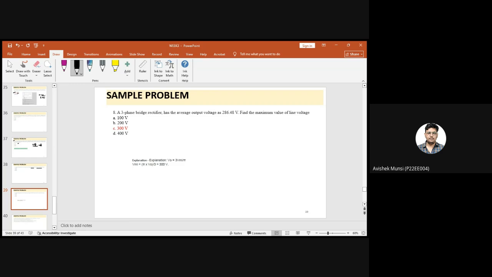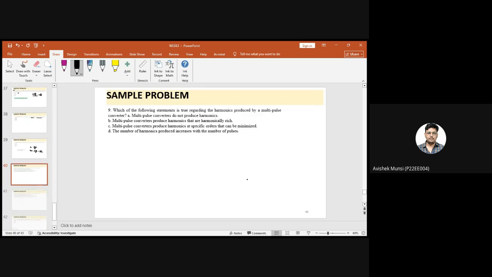As I mentioned, the output voltage is 3 Vm by pi in case of a three-phase rectifier. So VML, which you were asked to calculate, is 300 volt, right? Since it is 3 VML by pi, it will be the inverse of it.